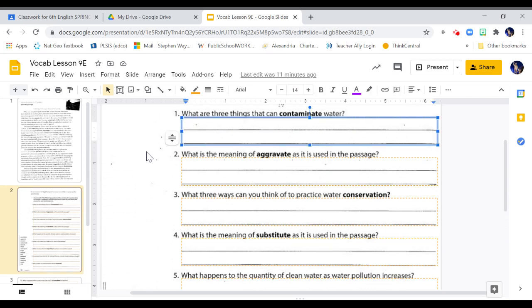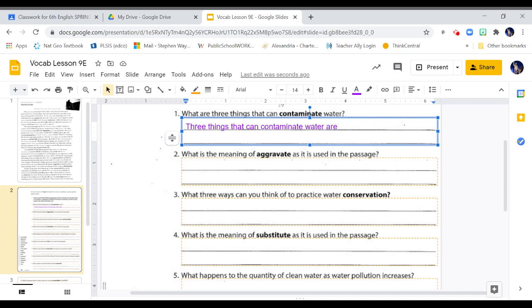So I'm going to double click and I will say three things that can contaminate water are, so I'm restating the question in my response.